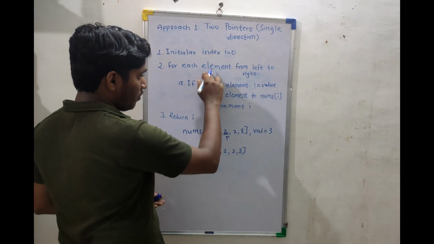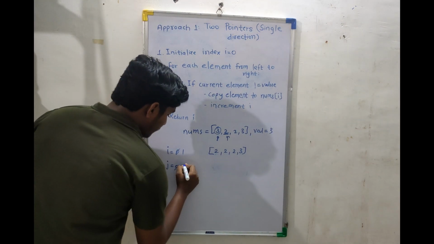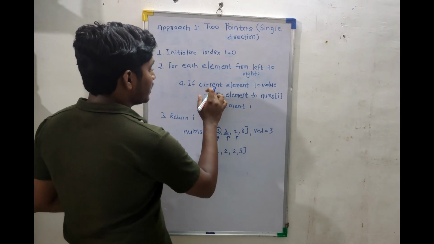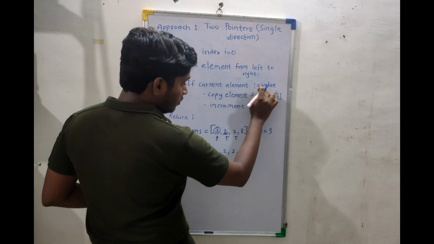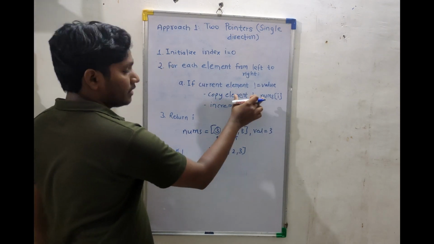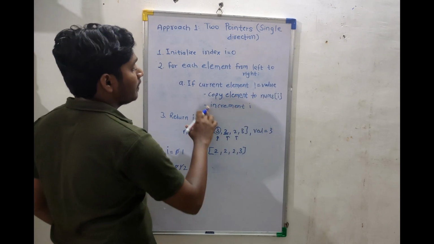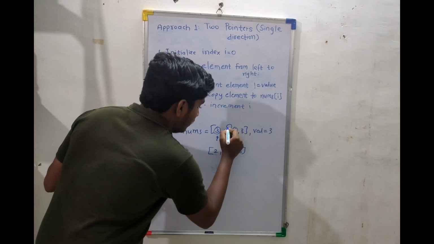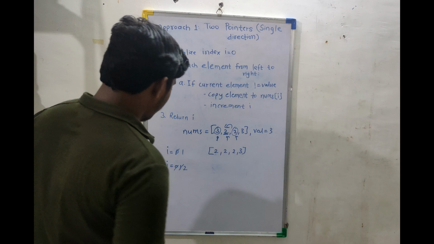Again we are in the for loop, and now j becomes 2. That means j comes here, and again we check if the current element is not equal to the value, and it is not equal. So again we go inside the if, and copy the element to nums of i. Now this element is copied to nums of 1, as i is 1.